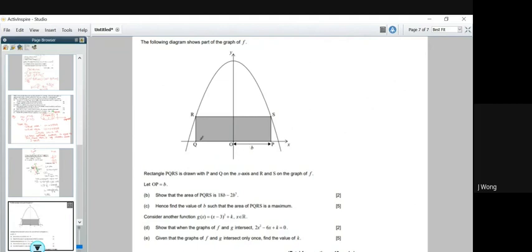Oops, what happened? Let's check. 2 times 1.45 is 2.9 indeed. Let's see if there's anything that I've omitted on the first one.